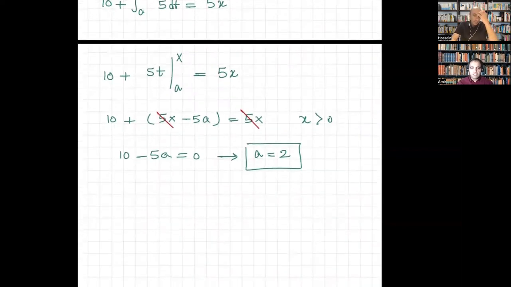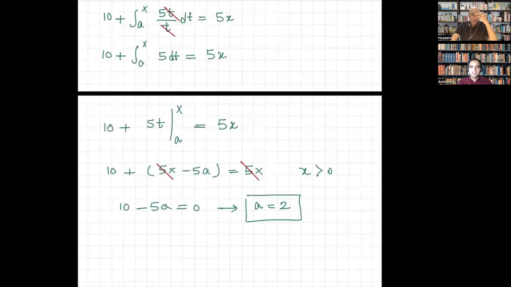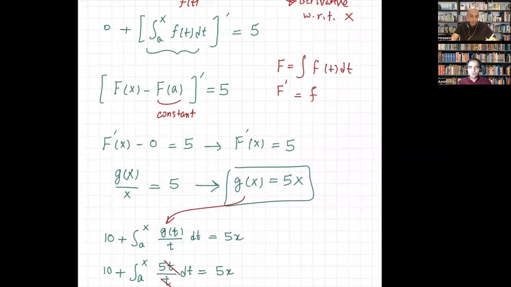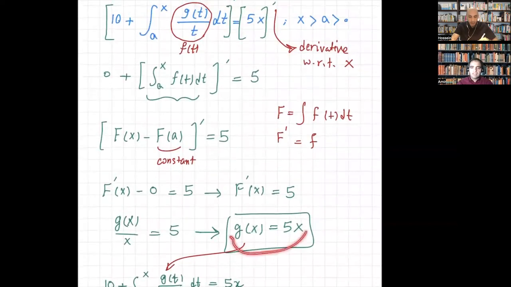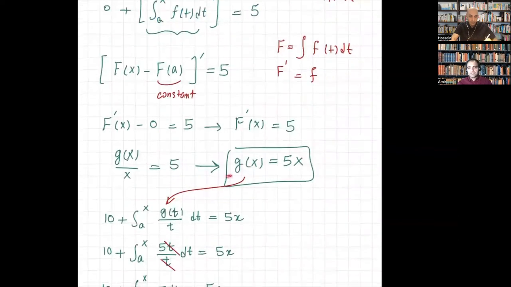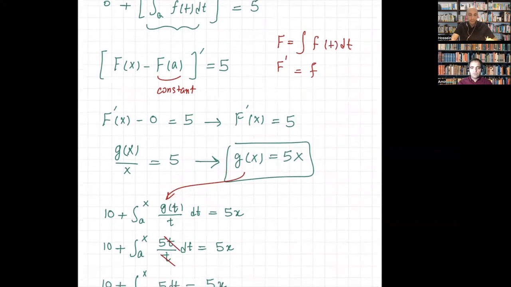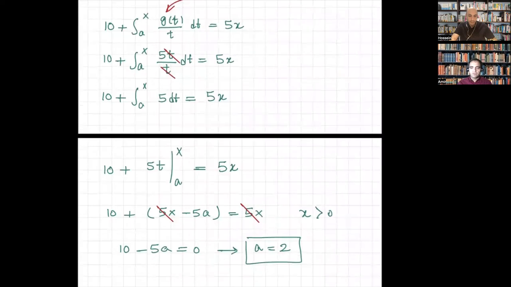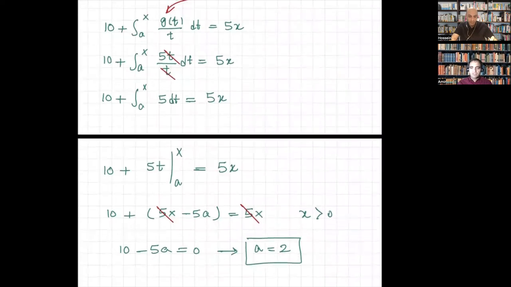Okay, yes. You used the fundamental theorem of calculus to solve that equation. You first obtained the expression for g of x, and then you replaced that g of x into the original equation to solve the integral easily, and then you obtained the value of constant a, which is 2.